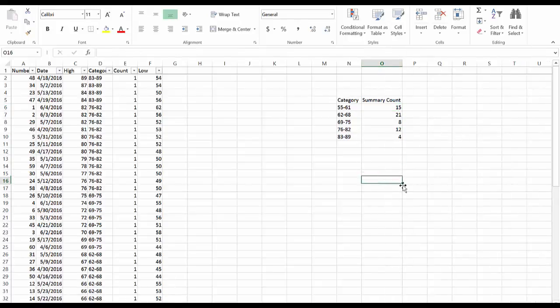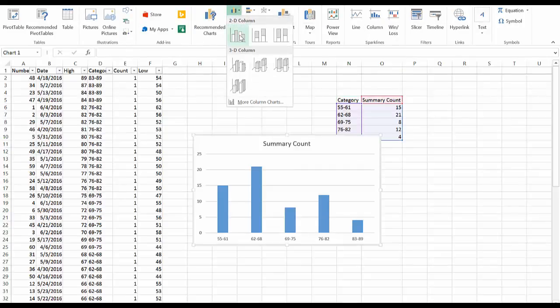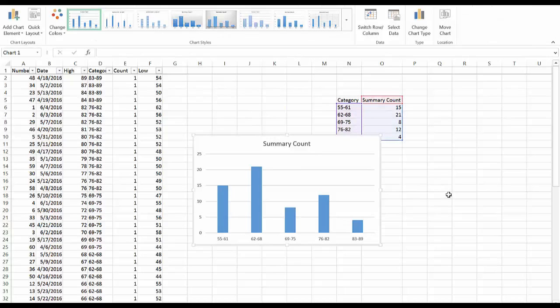All right, now here's what I do. I'm going to highlight all of this, and I'm going to go over and insert a bar chart. I like that one. Okay, so here is my histogram. Histograms are the same as bar charts.